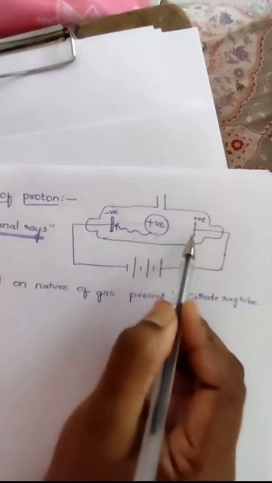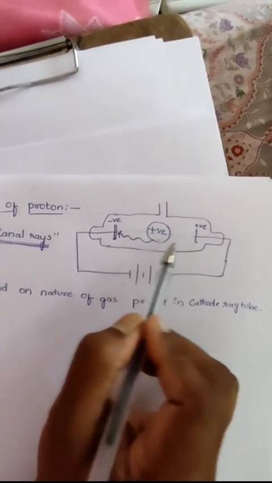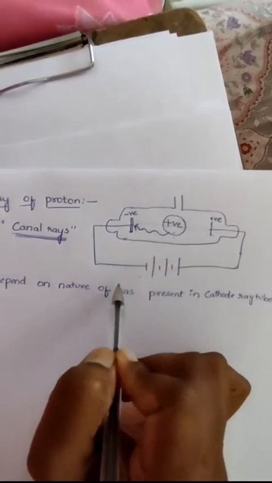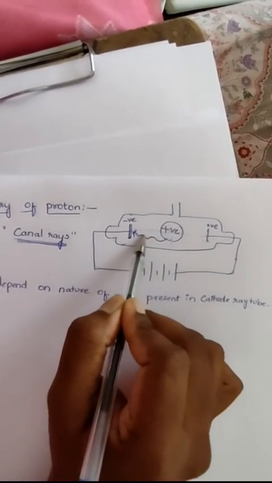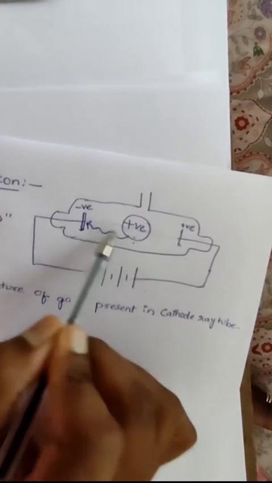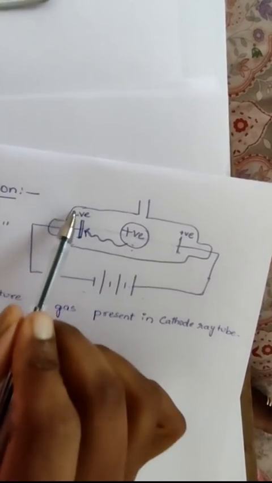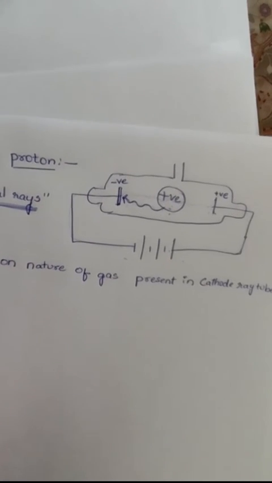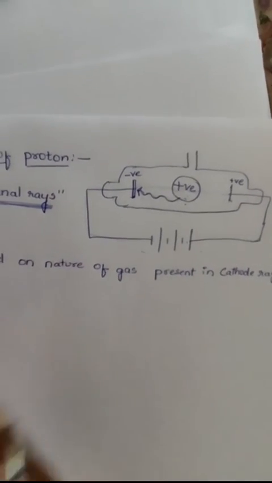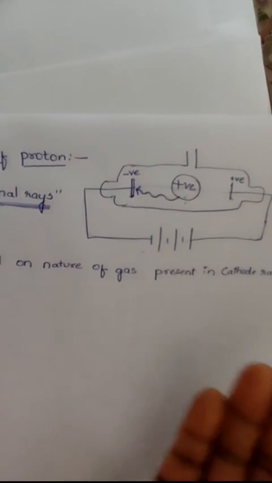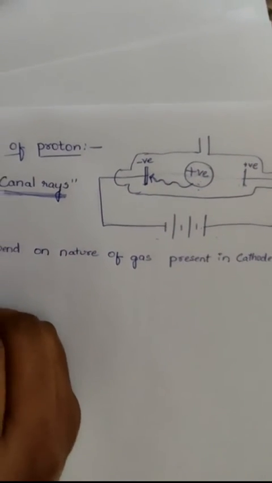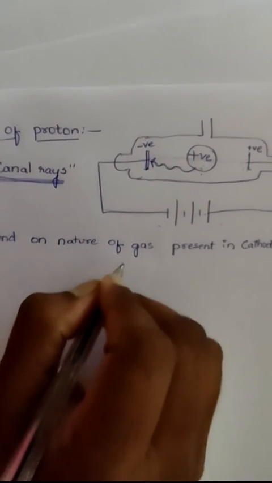See, these are not originated from anodes. These are positively charged rays, and their nature depends upon the nature of gas present in the cathode ray tube. If you take one type of gas, you will get one type of canal rays. If you take another gas, you will get another canal rays.